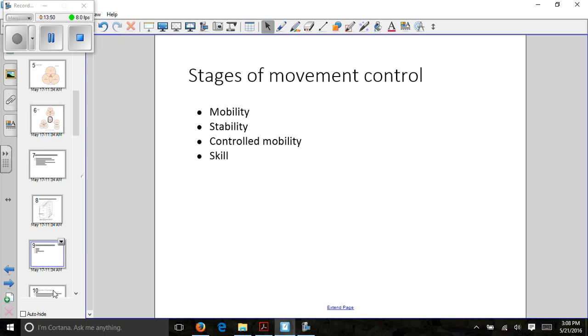We will be talking a lot about this, and you will also hear this again when you get into neuro rehab with Julie. So this is stages of movement control. Again, we need to have mobility, and that's talking about from a joint perspective. If you are unable to move the joints and get yourselves into certain ranges of motion, then you can't have any sort of stability.